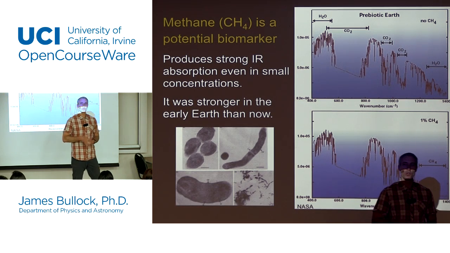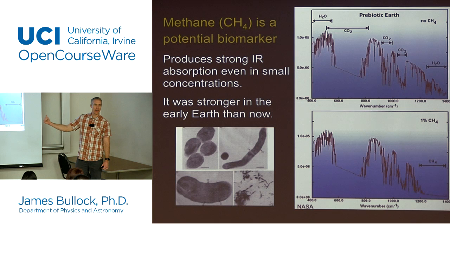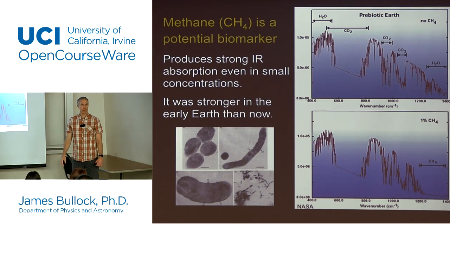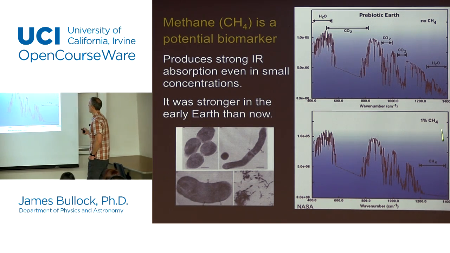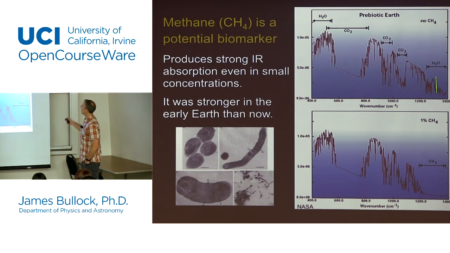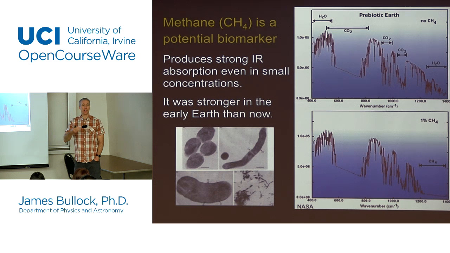So if you were a distant alien civilization living 3 billion years ago, studying the Earth, you might say, wow, there's water vapor on this planet, but there's no oxygen. Because there wasn't, but there was life. So how would you detect that life? And so it turns out that methane might be a very important biomarker for that kind of early life.